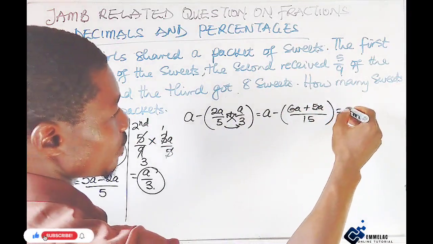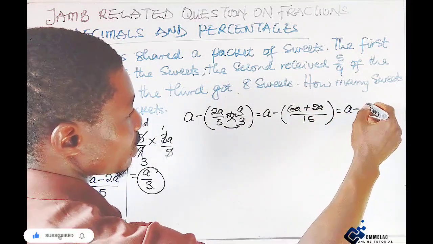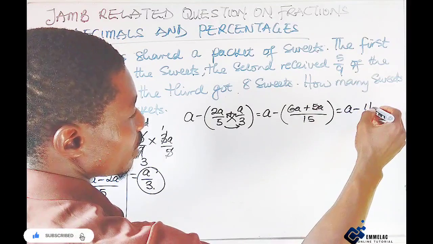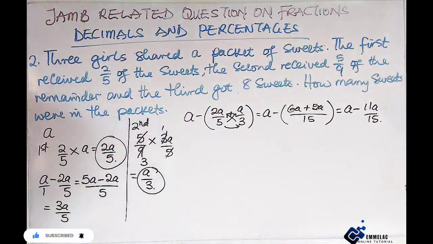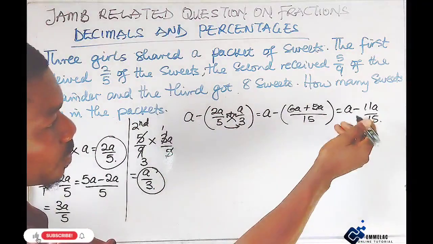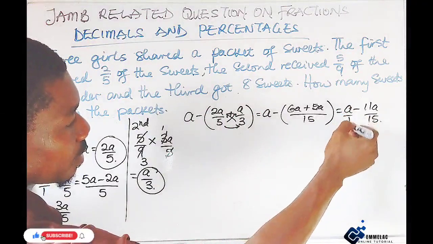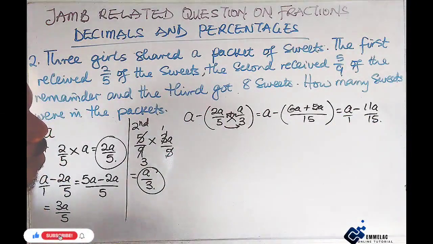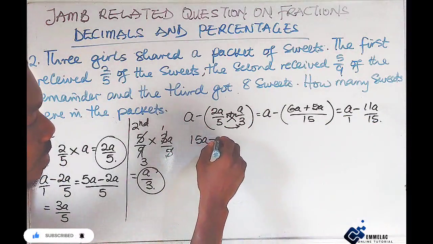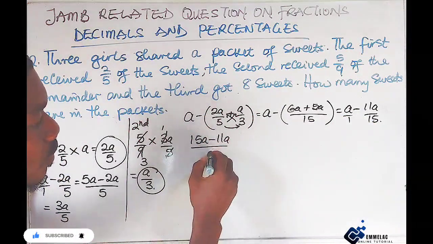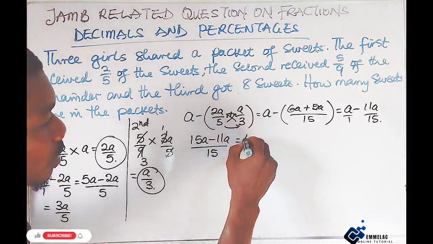So this gives us A minus 11A over 15. A is the same as A over 1, so we cross multiply, giving 15A minus 11A all over 15.